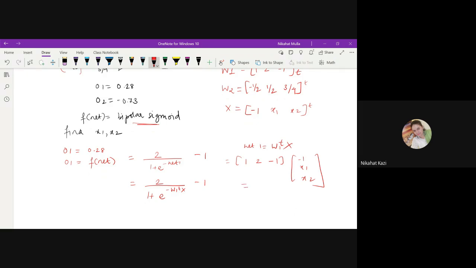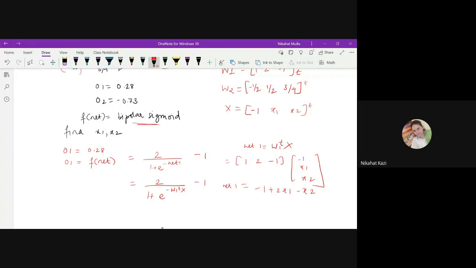Net1 is nothing but, solve this, tell me the equation that is coming. -1 plus 2x1 minus x2. Correct. So this is the equation, net1 is this.